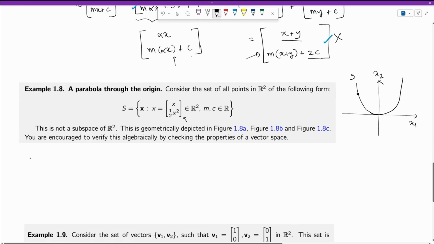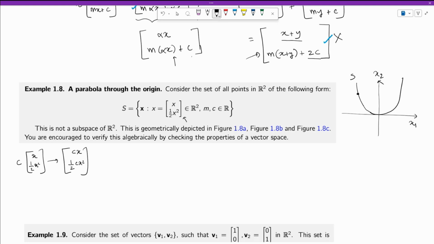What do you get when you scale? If you take (x, half times x square), what do you get when you scale it by some c? Cx and half Cx square.